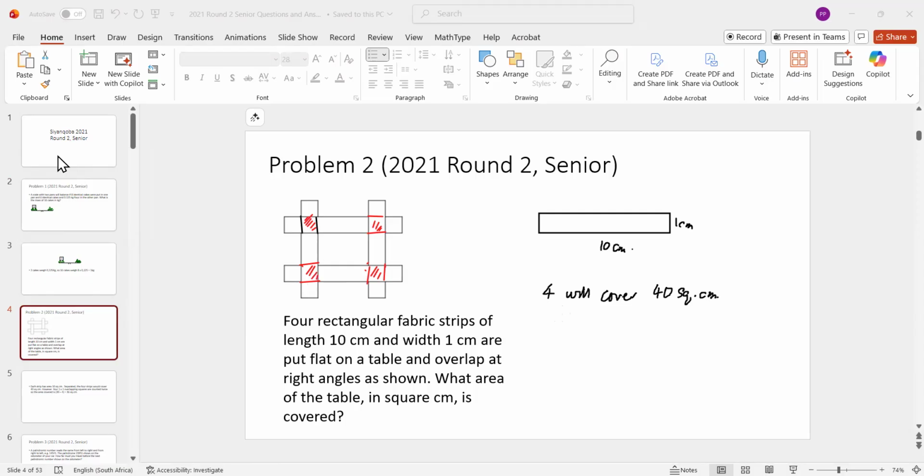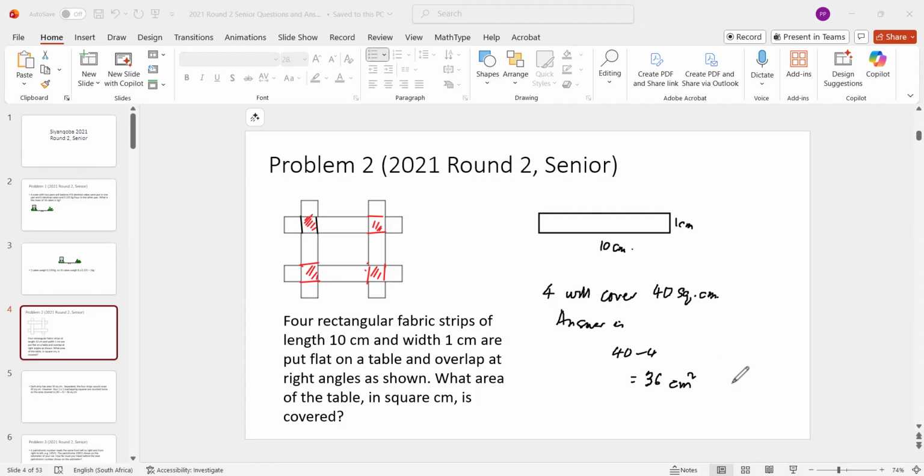So the actual area that is covered is 40 minus 4 centimeters squared. Sometimes we write square centimeters like that.